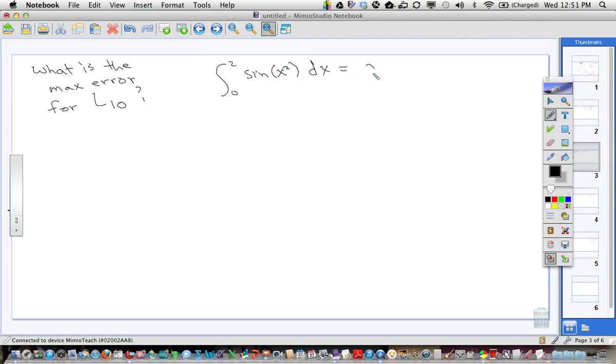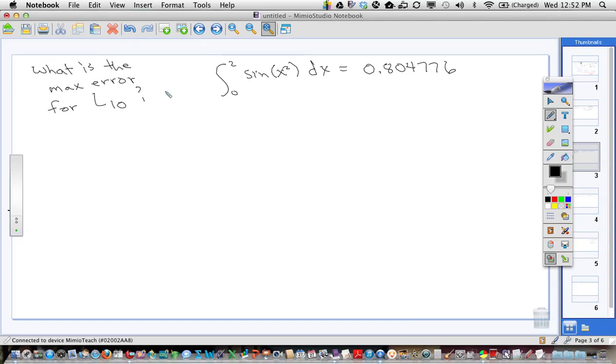Now, we know the exact answer is what? 0.4776. Now, pretend we don't know that, okay? But that's the exact answer. What we want to know is what's the max error that 10 left rectangles would have.